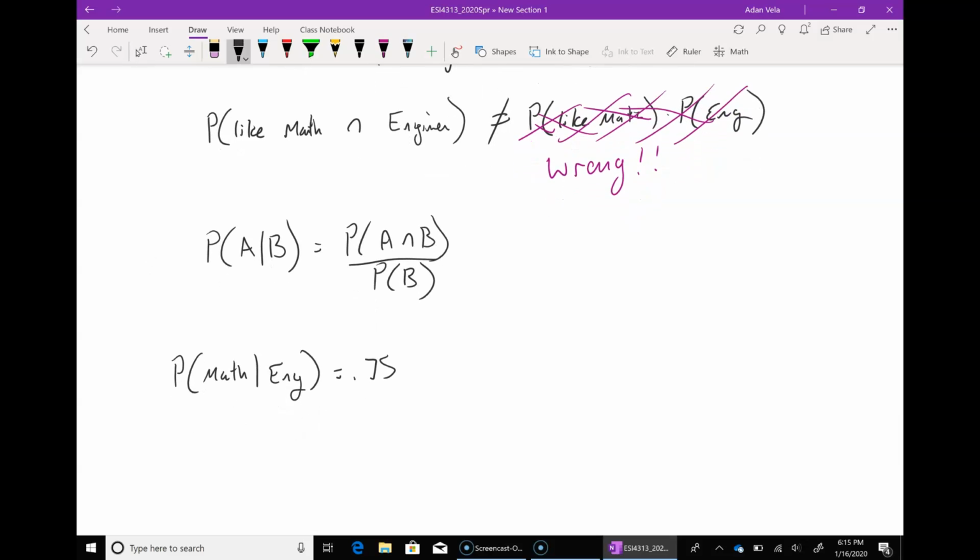And I also know that the probability a student is an engineer is about 10%.